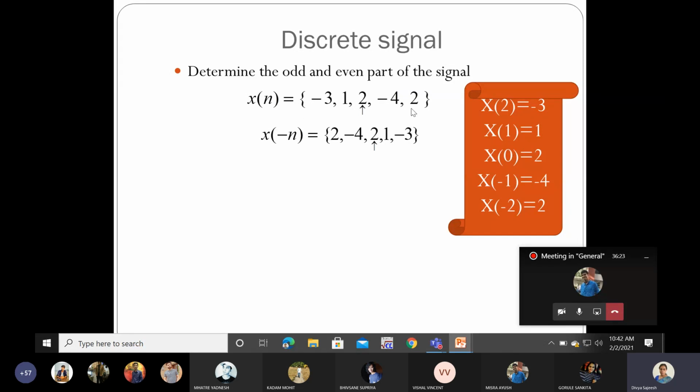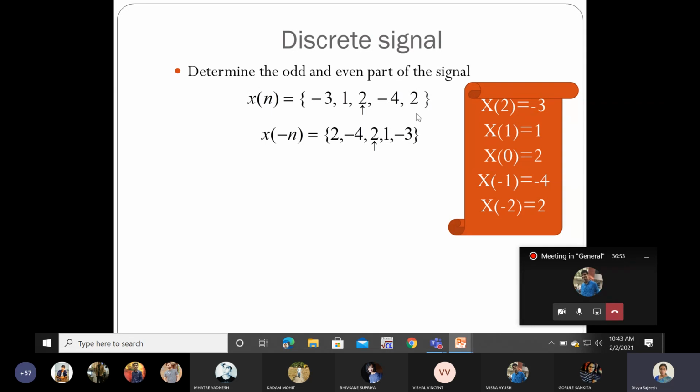If x of n is this, then you can see x of minus n: minus 3 and 1 went to the right hand side, and on the right hand side minus 4 and 2 went to the left hand side. Again, while interchanging, be careful: the signal which is at x of minus 1 will go to x of 1, and the signal which is at x of 1 will go to x of minus 1.